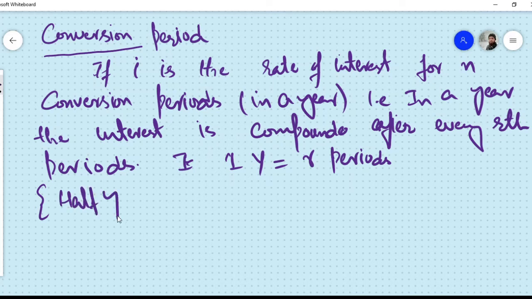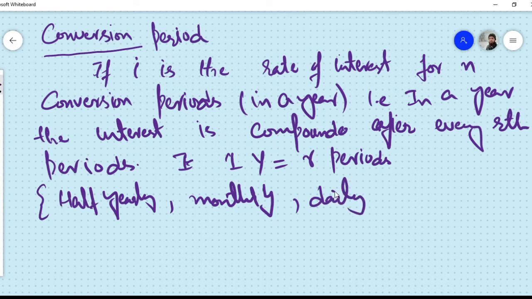And we talked about it sometimes, suppose when we give interest on a half yearly basis, or it can be a monthly basis, or on a daily basis, that is day by day we are giving interest compoundedly. This is what we call a conversion period.